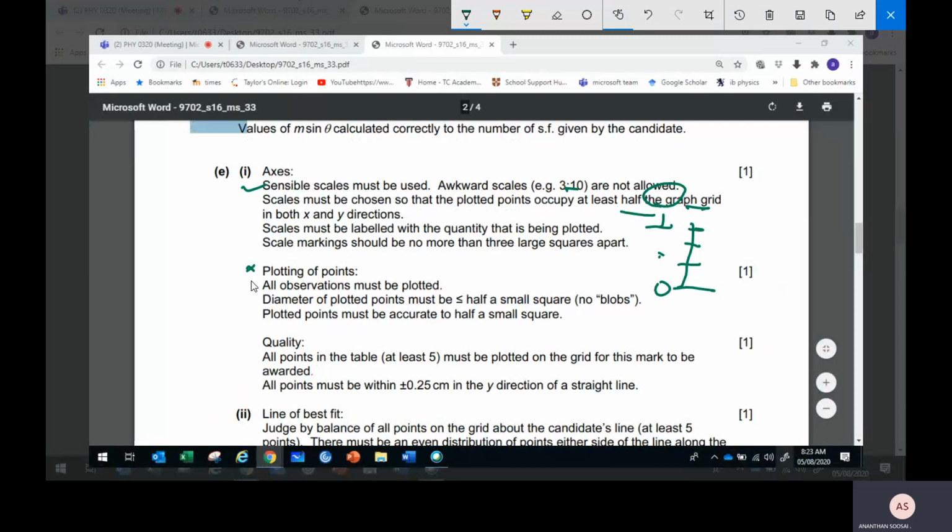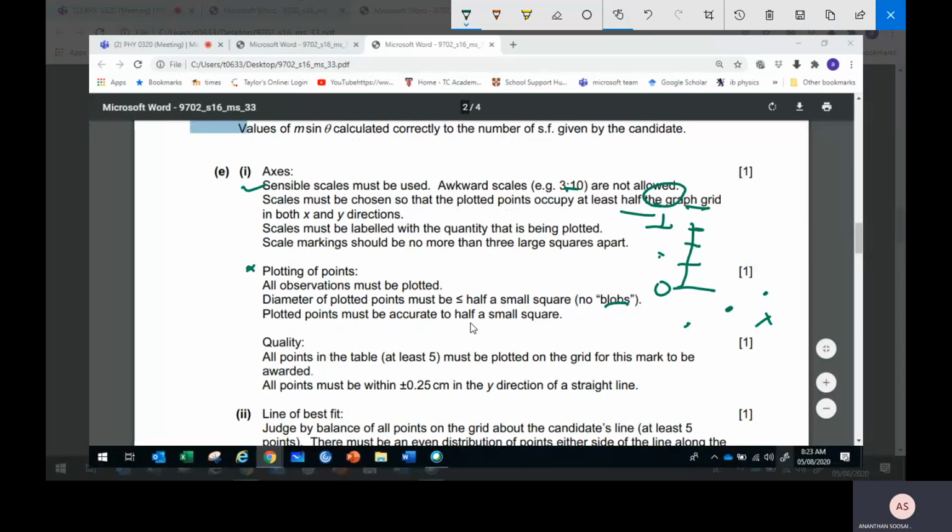Next, plotting of points. All observations must be plotted correctly. No blobs; a dot for all the coordinates is not accepted. Diameter of the plotted points must be half a small square.